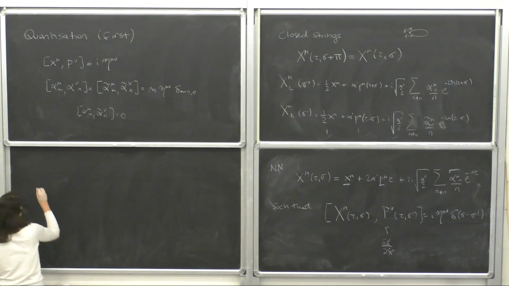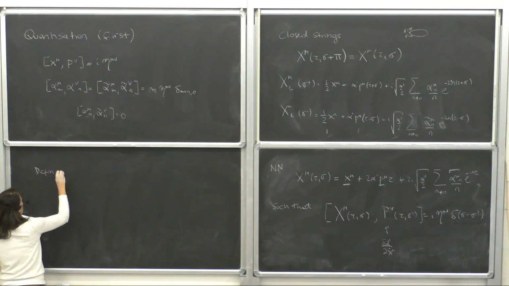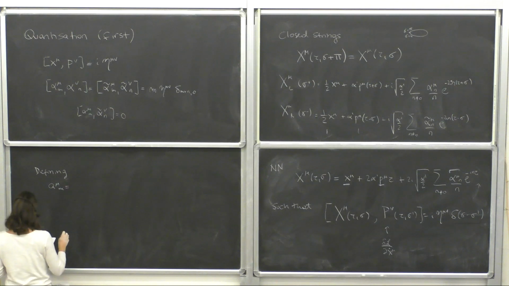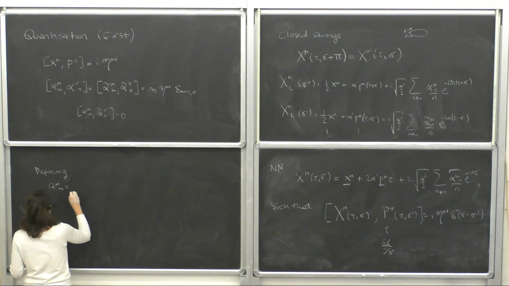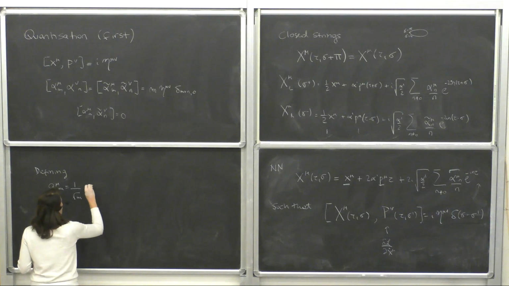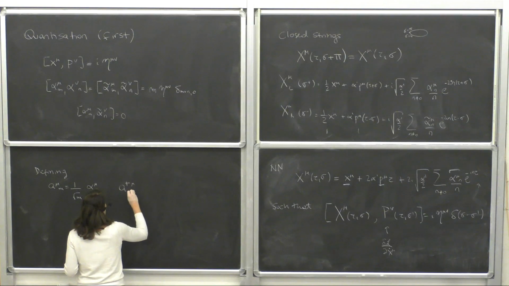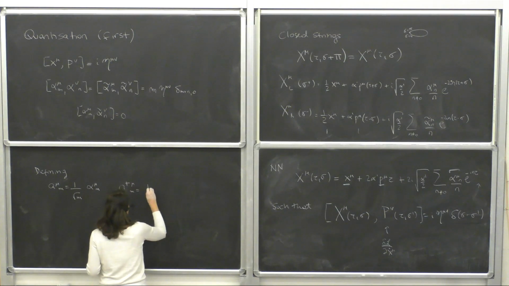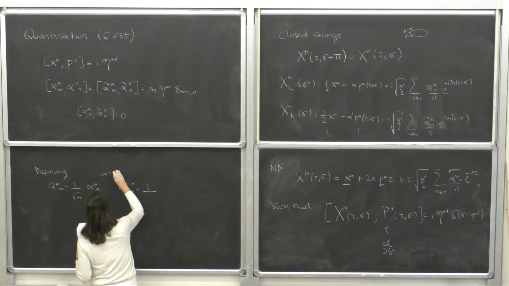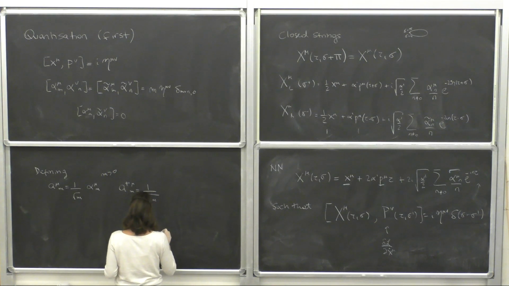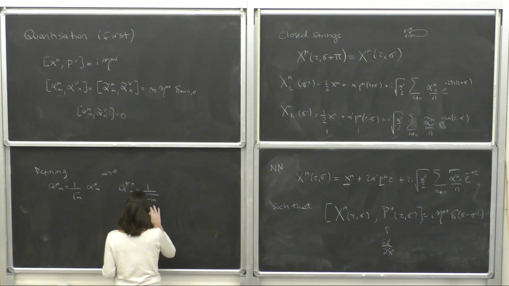So if you define A mu m to be 1 over square root of m alpha mu m and A dagger mu m to be 1 over square root of minus m alpha mu minus m, this is for m greater than 0.